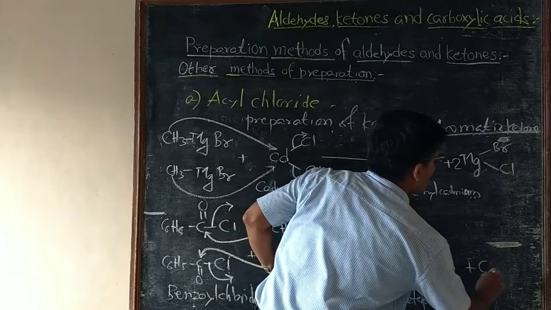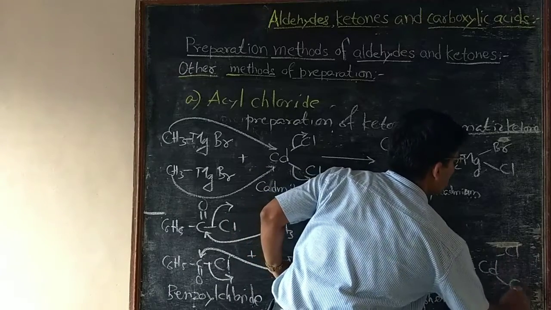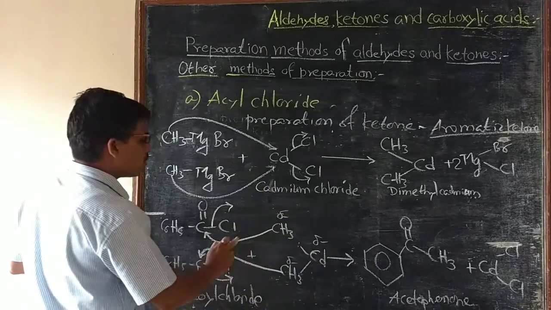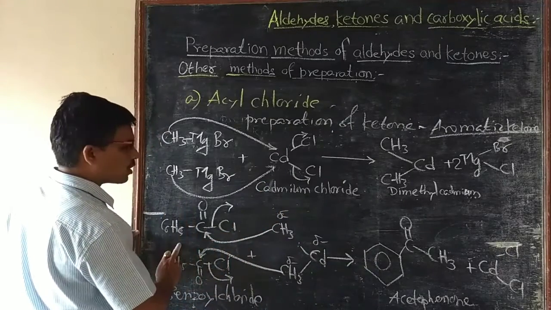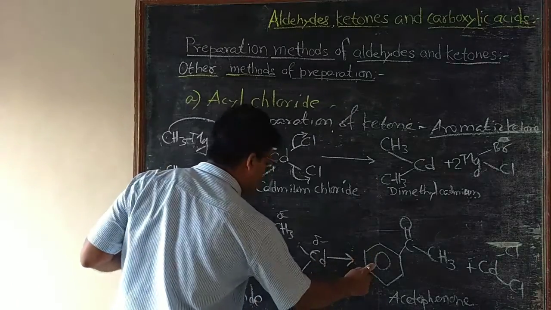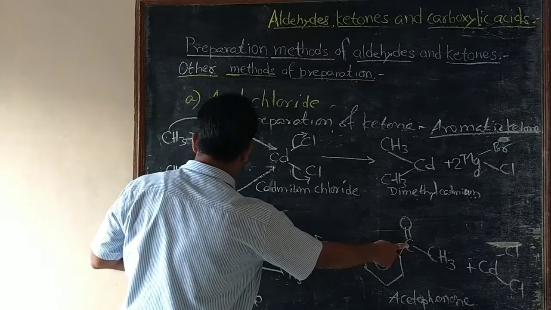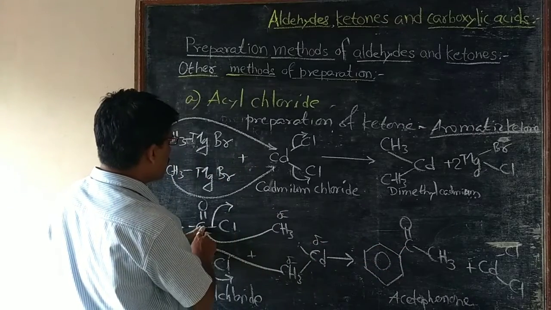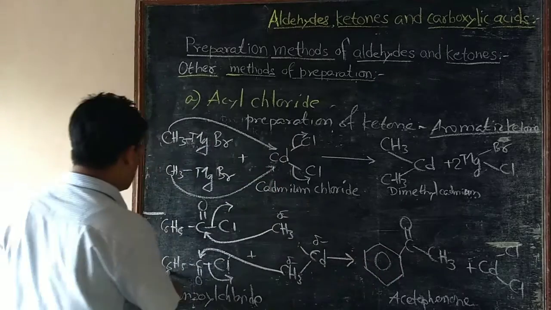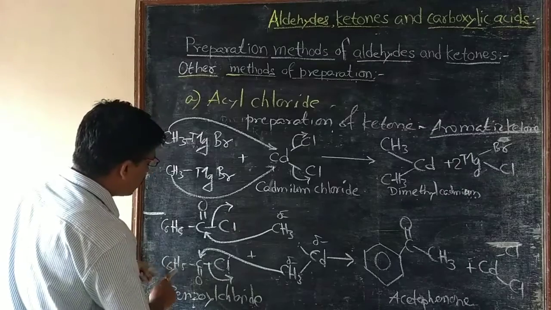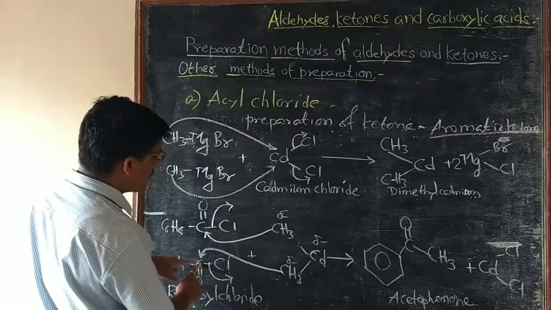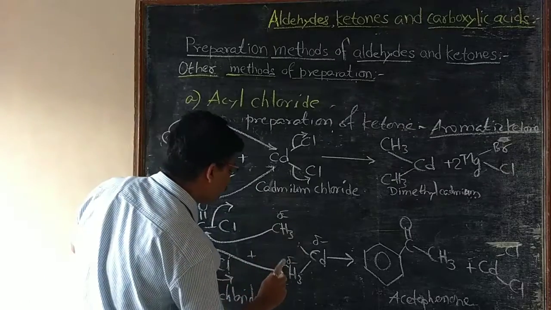Therefore, it forms CdCl2, cadmium chloride. And what we have left is our desired product, that is acetophenone. This C6H5, that is phenyl group, is attached to carbonyl carbon, and this carbonyl carbon is attached to the methyl group, and in this way also this phenyl group is attached to carbonyl carbon, which is attached to this methyl group.